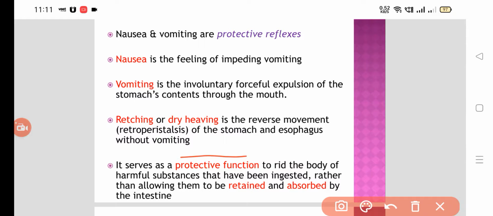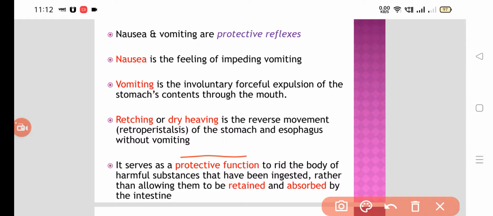To get rid of harmful substances from the body, to eject harmful substances that have been ingested from the stomach rather than allowing them to be retained and absorbed.